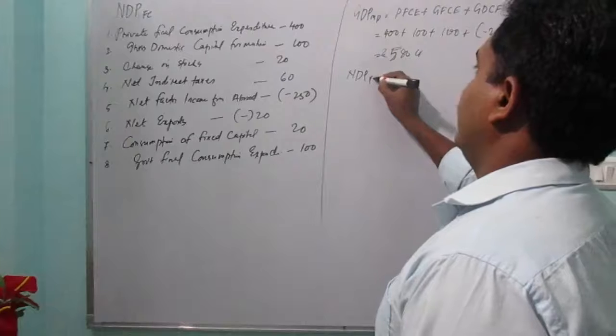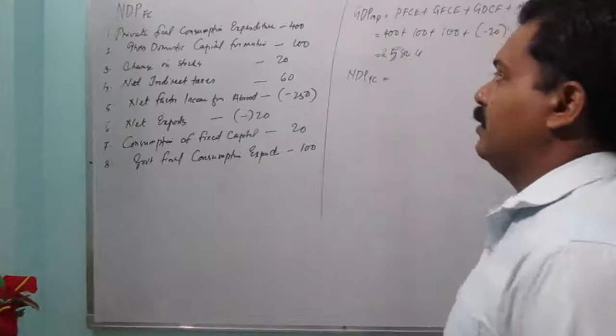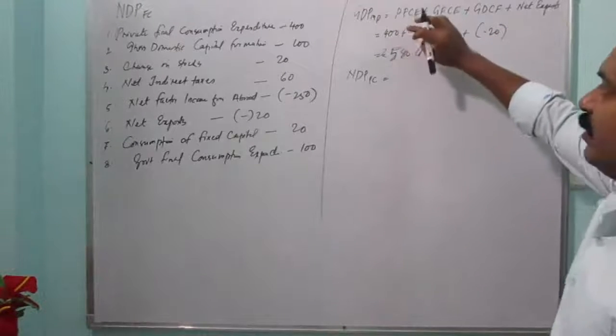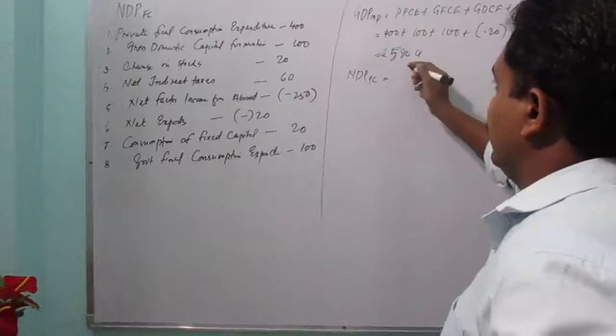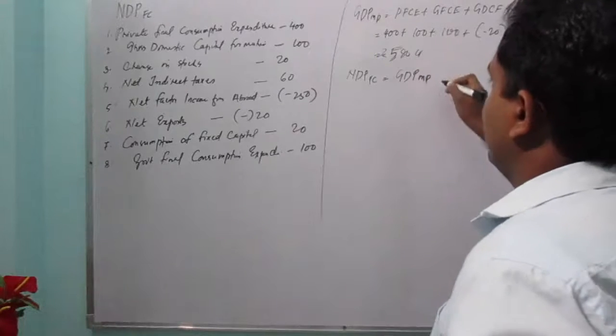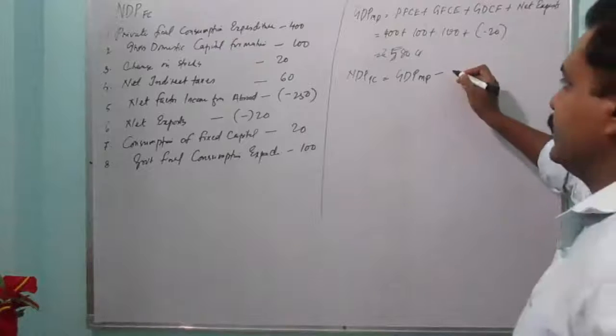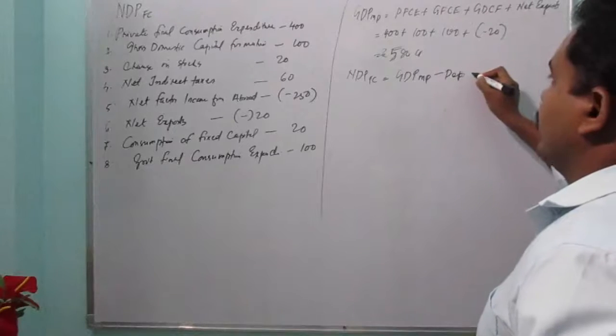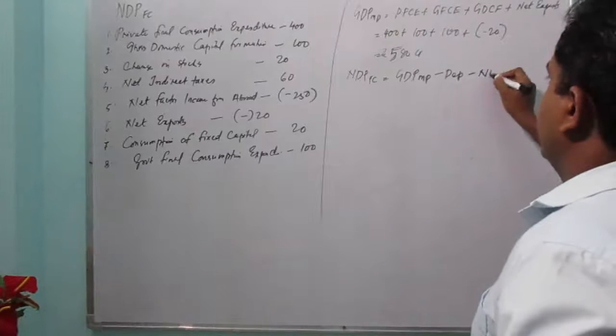Now we need NDP at FC, net domestic product at factor cost. That is equal to GDP MP, which we already got, minus depreciation minus NIT.